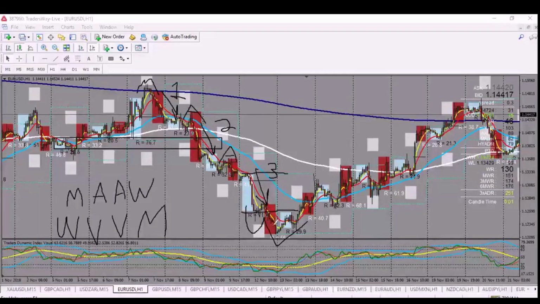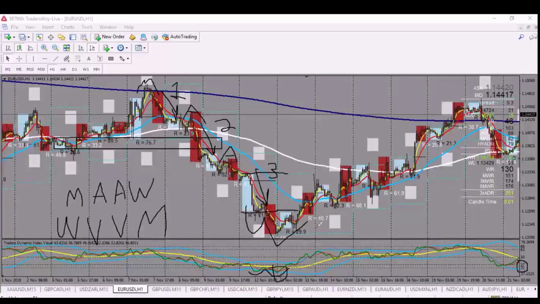Our false move week beginning. Notice how the TDI is completely near the 37 and 32, right? Near the 37 and 32. And we have outside the volatility band and back inside the volatility band.